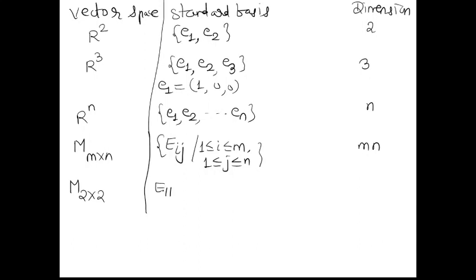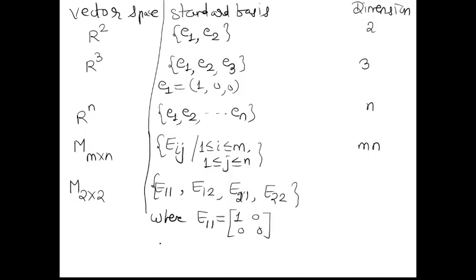They are E11, E12, E21 and E22. What are the elements of E11? It is of size 2 by 2, and at the 1 1 position you will get 1, and the rest of the elements are 0.